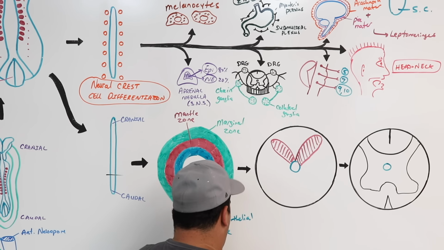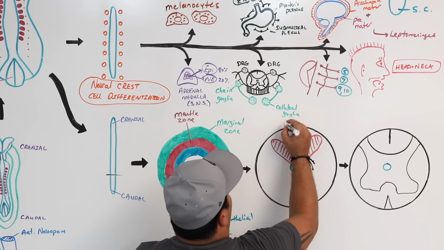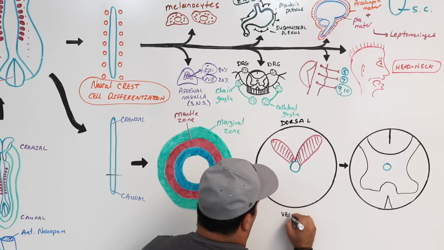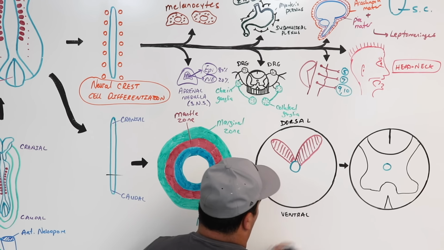So if you imagine the spinal cord, if I'm taking a cross section, this is the dorsal or posterior surface, and this is going to be the ventral or anterior surface of that spinal cord.